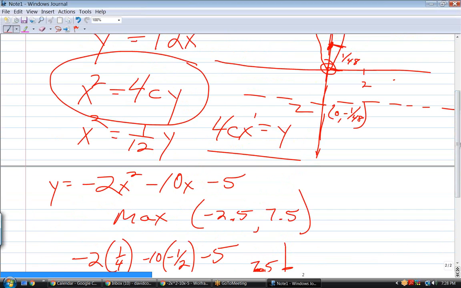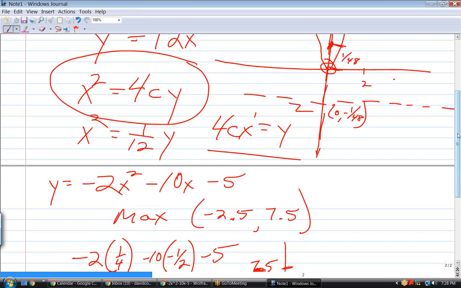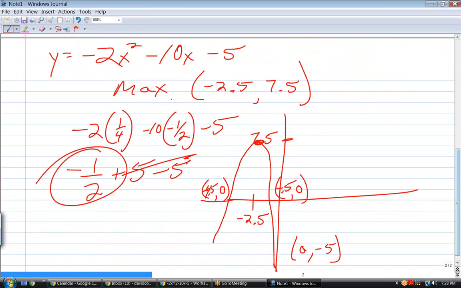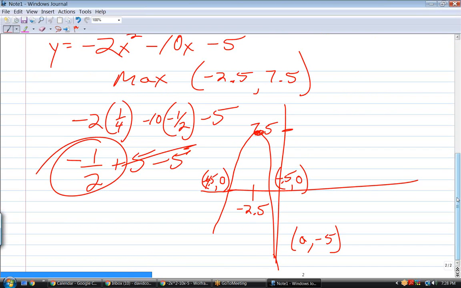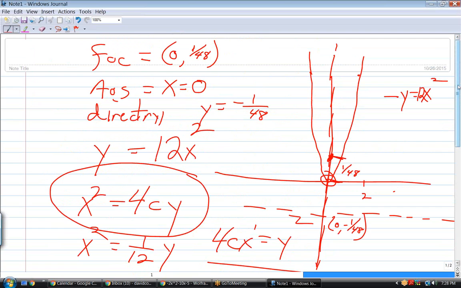In other words, in order to get the focus, we have to get it into this format, and that is a different general equation altogether. You have to complete the square in order to get it into that format. Once you complete the square, then you can figure out things like the focus.